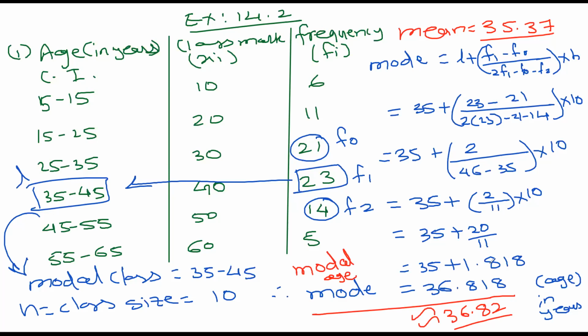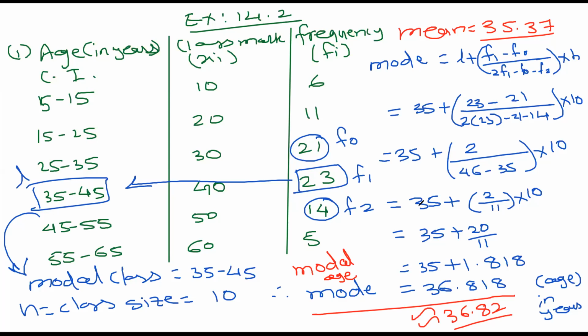The average age of the patients admitted in a hospital during a year is 35.37 years, whereas the age of maximum number of patients is 36.82 years. Are you getting the difference here? Yes, sir. Okay, लिहून घ्या, I'm telling you, लिहा.